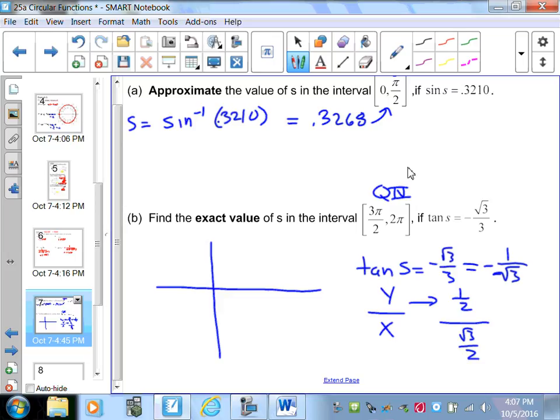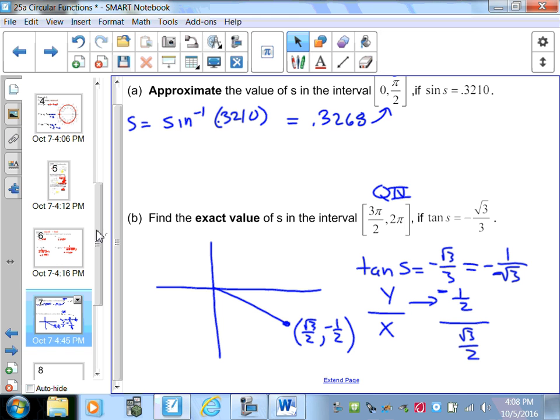Remember, you're in quadrant 4. So in quadrant 4, the y is negative. So you're looking for where the y is negative 1/2 and the x is root 3 over 2. So when you find that point, you should be looking for root 3 over 2 comma negative 1/2. So just read that right off of your unit circle.